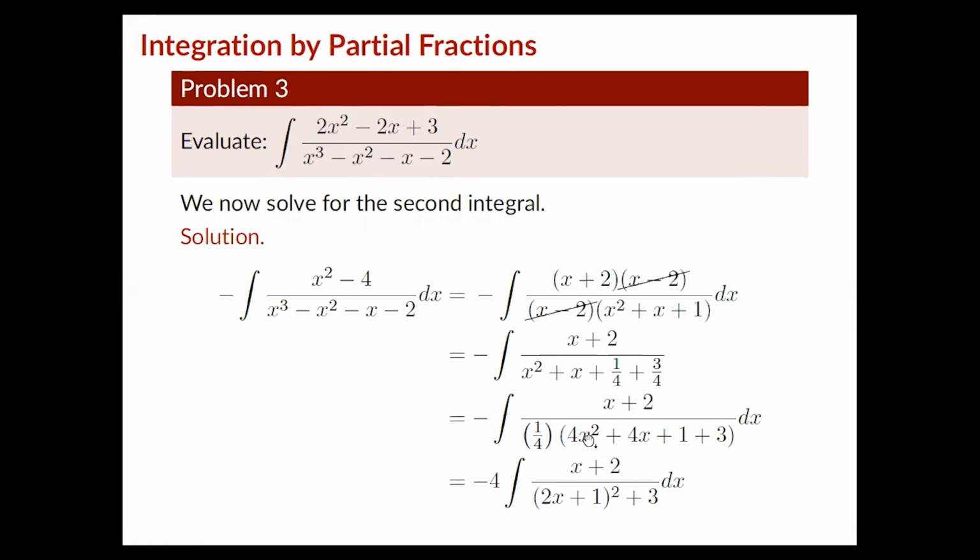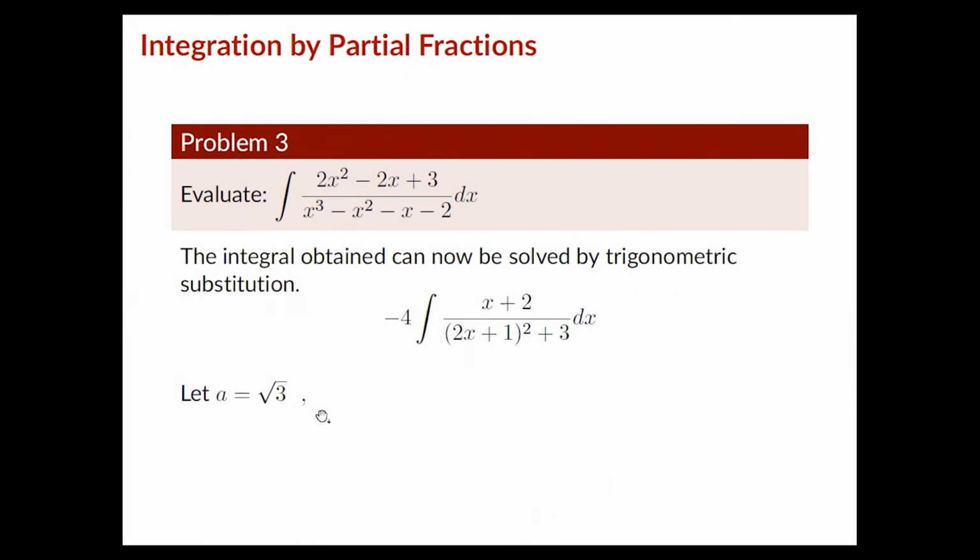Kita natin itong 4x squared plus 4x plus 1 ay equal sa 2x plus 1 squared plus 3. And familiar sa atin ito dahil ang form nitong denominator nito ay u squared plus a squared, which we shall require for a trigonometric substitution, as I have mentioned earlier.